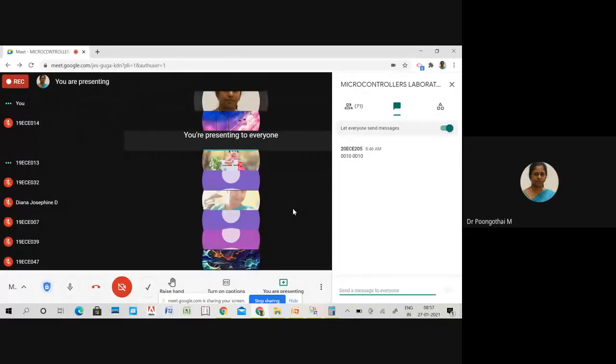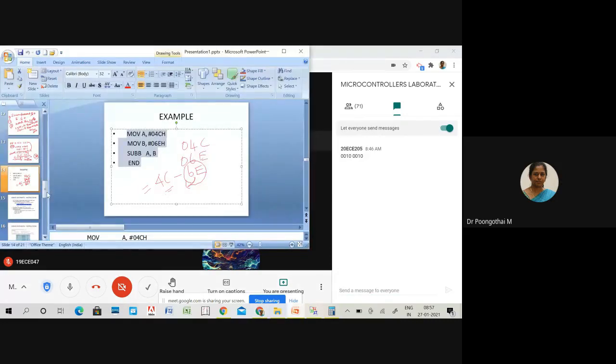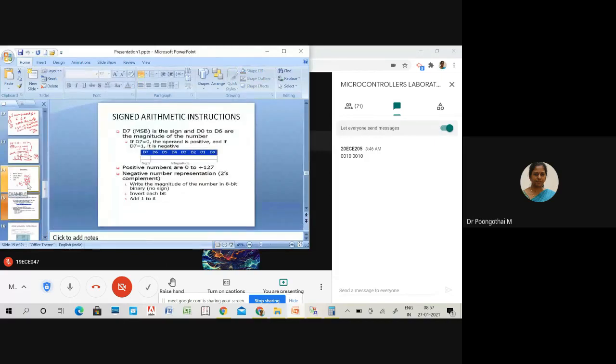Other students, please interact a little. Shall we move on to the signed arithmetic instructions? Any doubts regarding unsigned operations, unsigned addition, unsigned subtraction? No. Ma'am, I have a doubt.